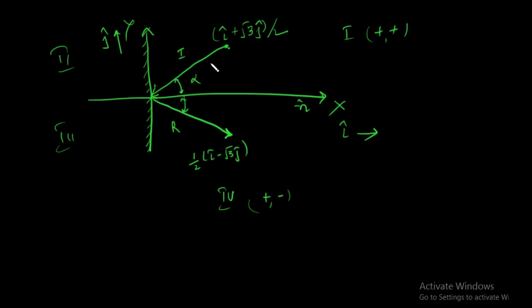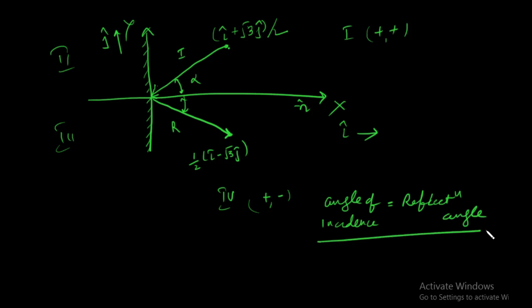I want to clarify a few things here. First of all, this is the incident ray and this is the reflected ray. Always remember that angle of incidence equals the reflection angle. In light, the first principle is this, and the next principle is that these are measured from the normal only.